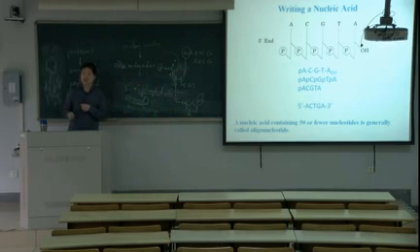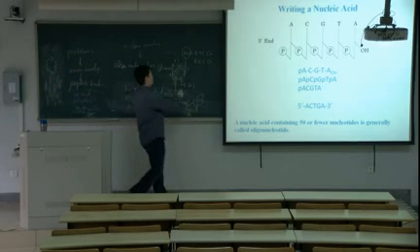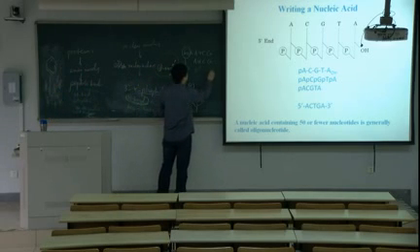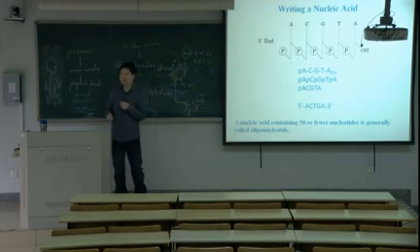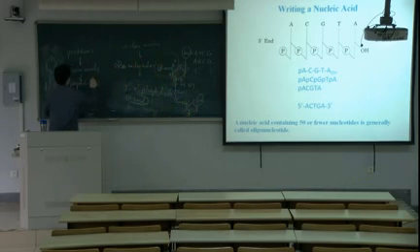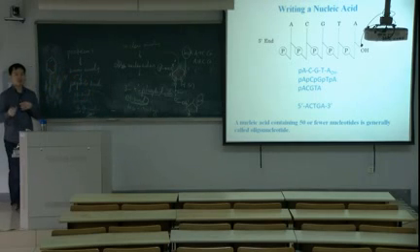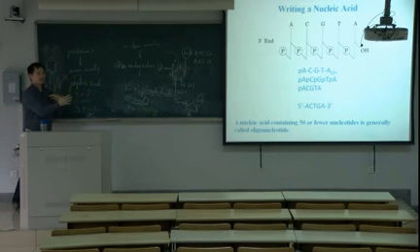So every DNA strand or RNA strand has a direction. One side is 5', one side is 3'. It's just like for proteins, we always have a direction. One side is N-terminal, one side is C-terminal, because for any amino acid, one side is an amino group, one side is a carboxyl group.